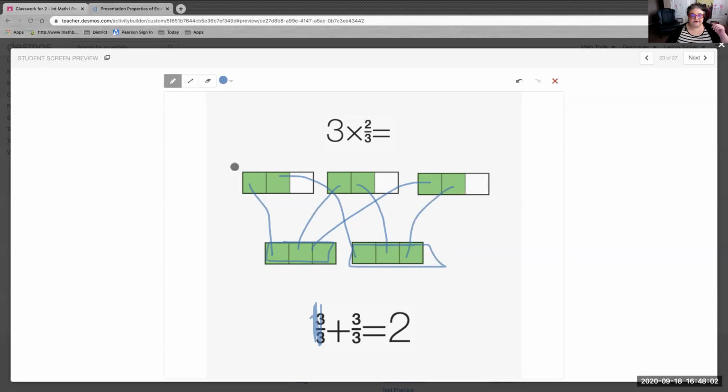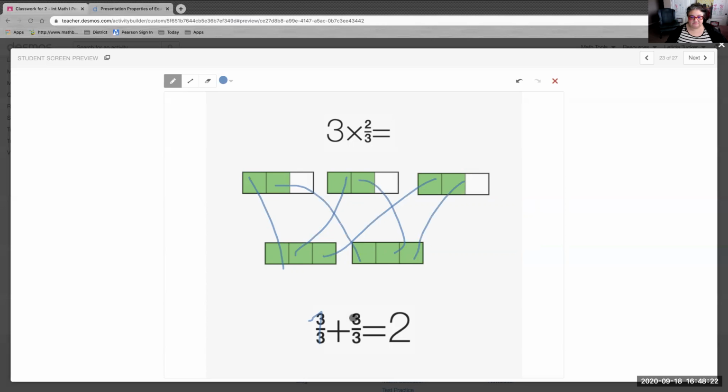So this 1/3 plus 1/3 plus 1/3 gives me 1 whole. And then the other third plus another third plus another third gives me the second whole. So 3 times 2/3 is going to give me, guess what? 2. Okay? Let's look and see what our next problem looks like.